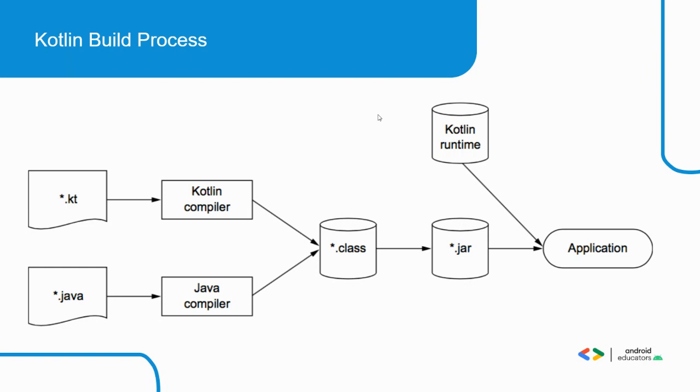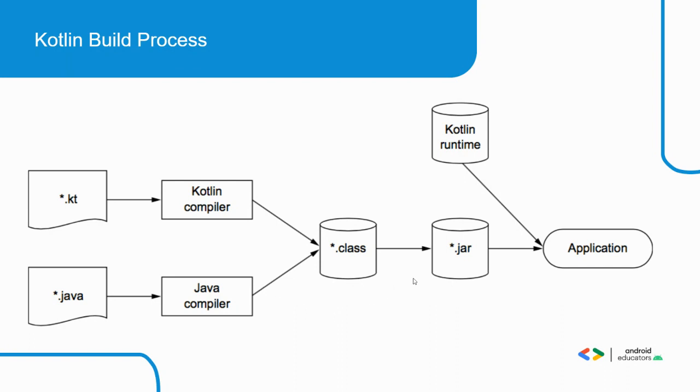So the Kotlin build process basically starts with a Kotlin file, which is .kt. You create a Kotlin file with the extension .kt, just as for Java you create .java, right? For Kotlin you create .kt, and that .kt file, using the Kotlin compiler, will get converted into a .class file, similar to Java. When the Java compiler takes a Java class, it also converts it to a Java .class file.